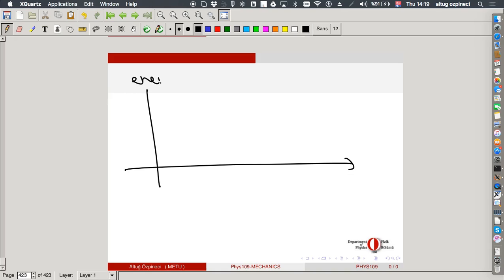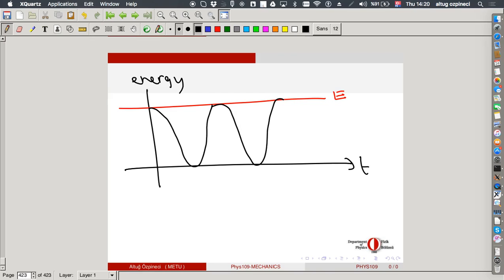So if this is the energy versus time graph, the total energy is constant. This is the total energy, depending on which time you choose as your zero time. Let's say initially the potential energy is maximum, it goes to zero, maximum again, zero, maximum again.